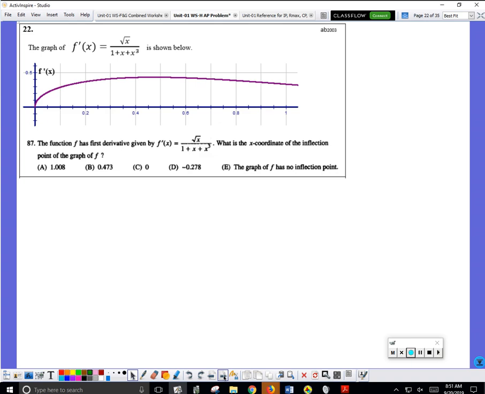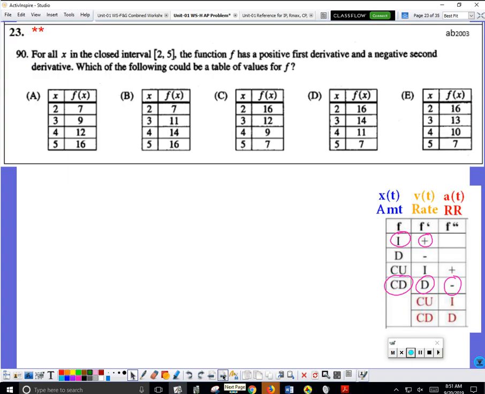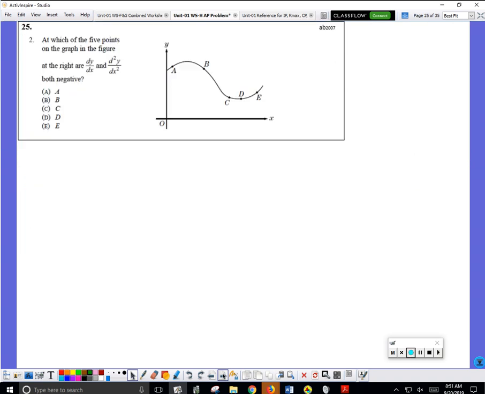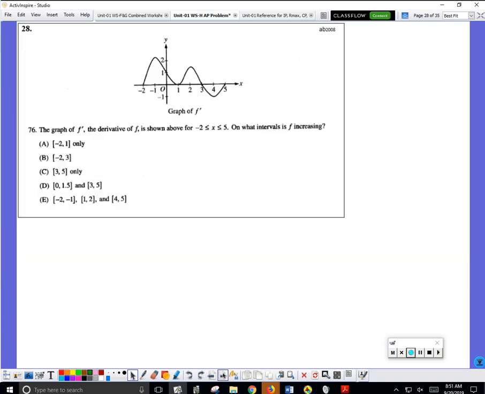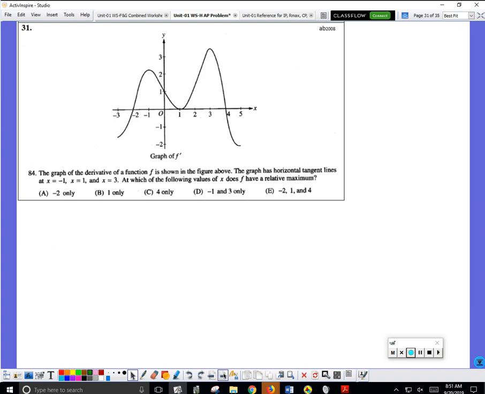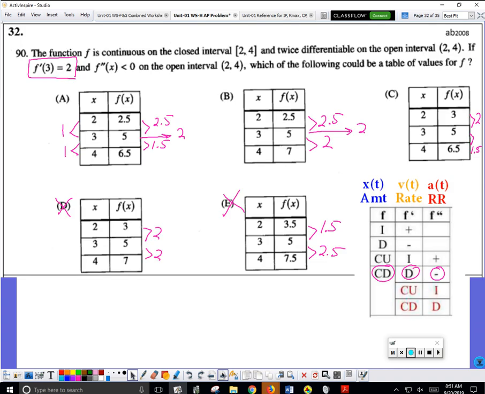The same concept is tested on number 23. And the same concept is tested on number 26. And the same concept is tested on number 32.